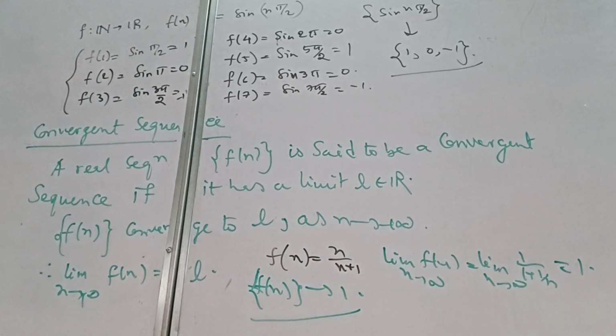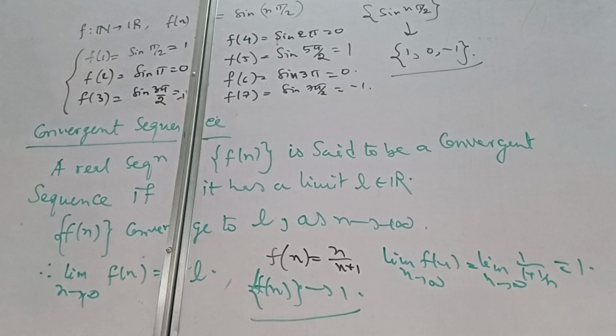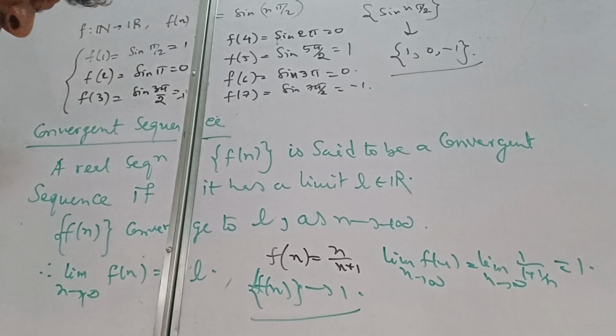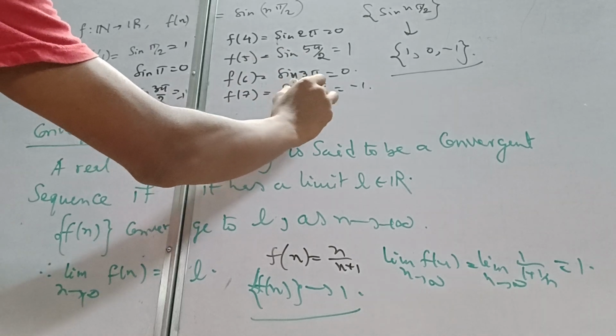And this one, the sin(n pi/2) sequence, is a divergent sequence, that means sometimes it converges to 0, sometimes to 1, sometimes to minus 1. We also write f(n) equal to minus 1 whole to the power n.